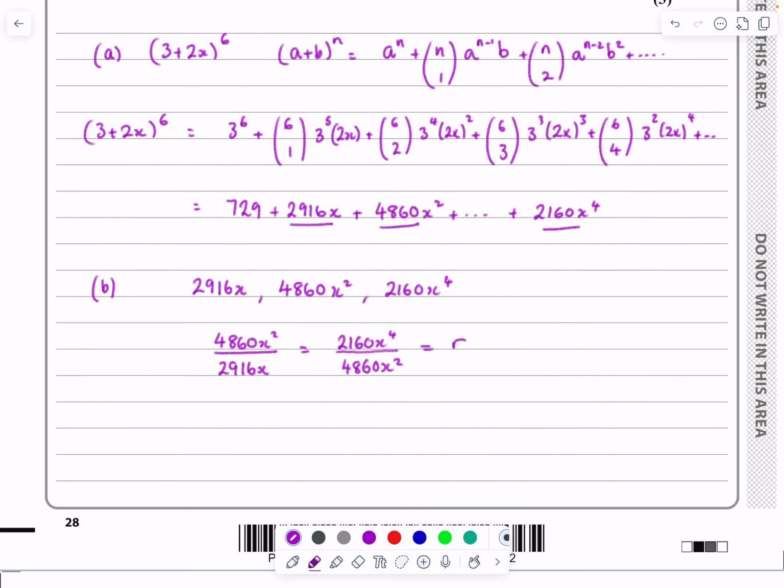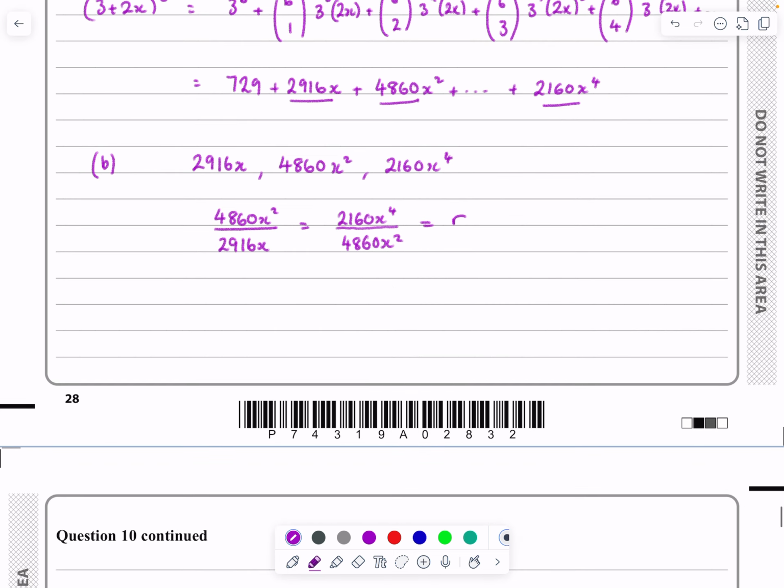They're both equal to each other and they're equal to r. Well, it's more important that they're equal to each other, isn't it? So if I now tidy that all up, on the left-hand side, that's 5x over 3, and on the right-hand side, that's 4x^2 over 9.